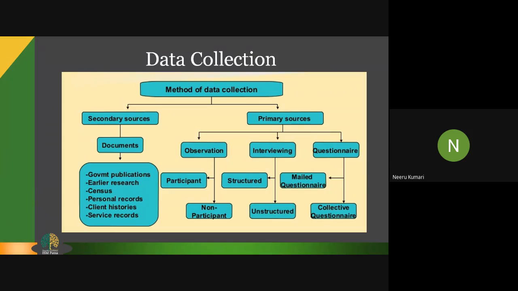A question will be asked, they wait for the response. Once the response is heard, then they'll ask the other question. Whereas in a questionnaire, we don't wait for the responses before asking the second question. We give them a set of questions and then we get the set of answers. Whereas in an interview, we share the questions one after the other.